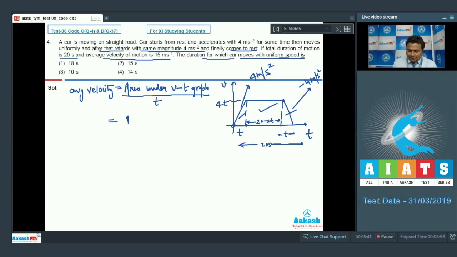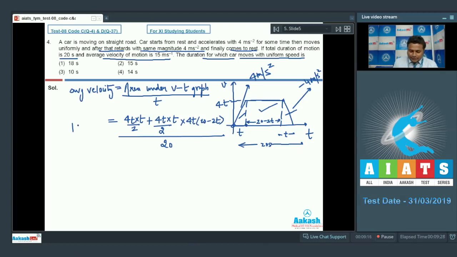So the area of a triangle is 4t into t divided by 2, plus the area of another triangle 4t into t divided by 2, plus the area of the rectangle, that is 4t into 20 minus 2t, whole divided by the total time, that is 20 seconds. Now let us solve.